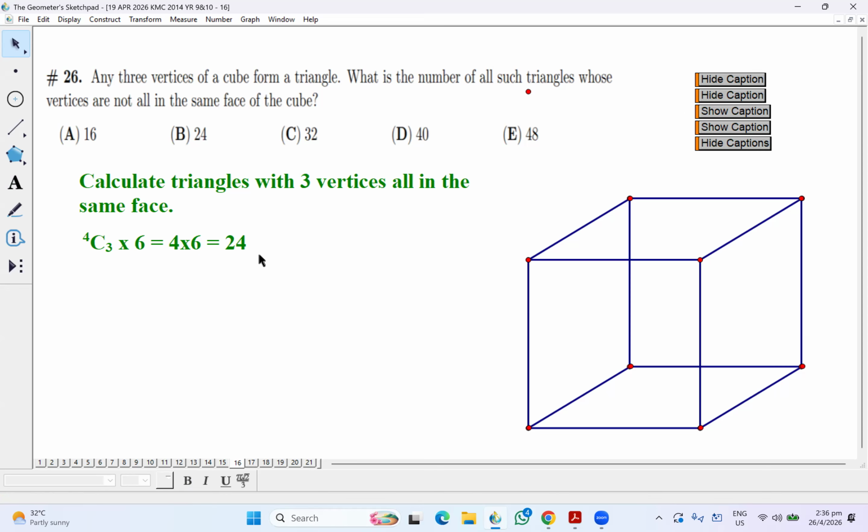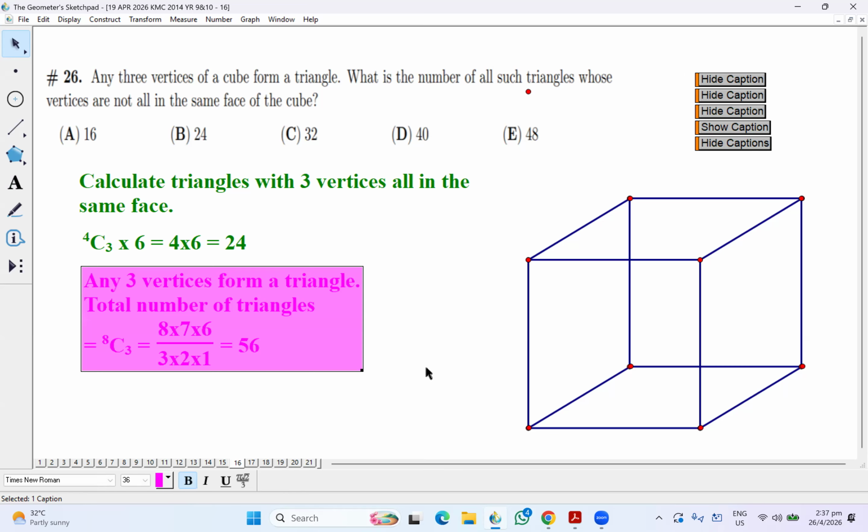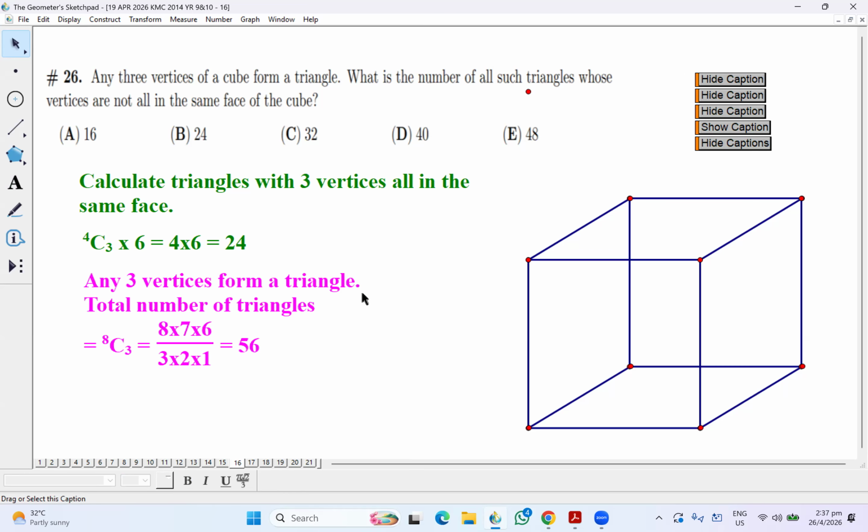So we calculate the total. Total, we have 8 vertices. A cube has 4 points at the bottom, 4 points at the top. If you choose any 3, then you get a triangle already. Some are in the same face, some are not. Any 3 vertices form a triangle. Total number of triangles, 8 choose 3: 8, 7, 6 over 3, 2, 1.